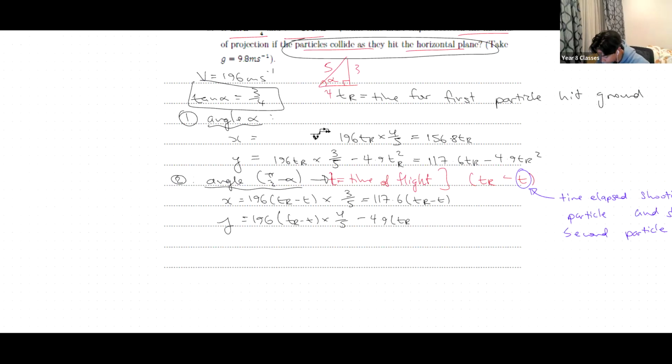So minus 4.9 (TR minus T). Should it be squared or not squared? Oh, also squared. Yep, cool. And just apply the 4/5 multiple. So that's 156.8 (TR minus T) minus 4.9 and so on. Yep.